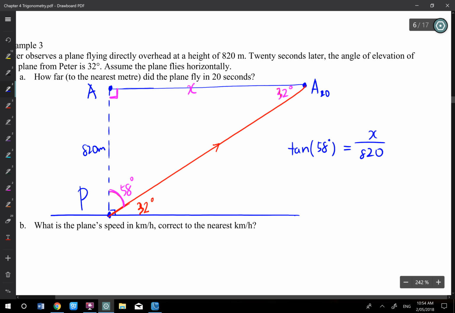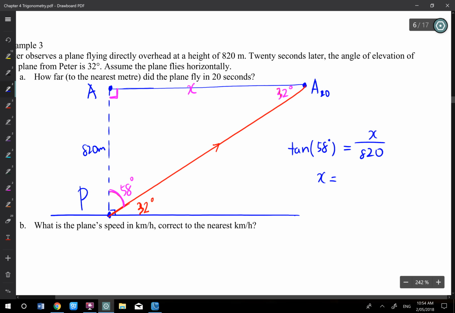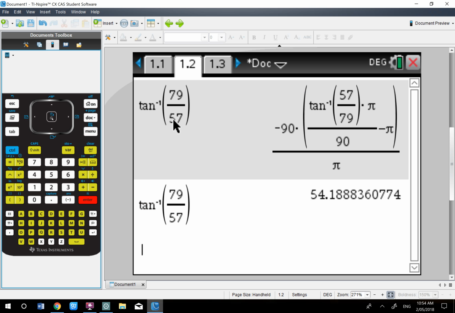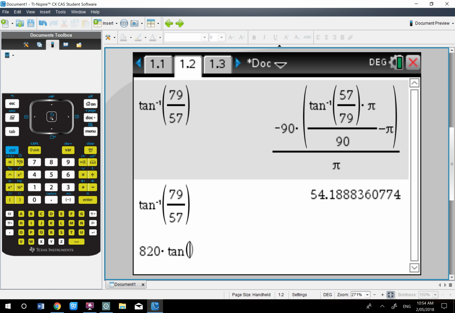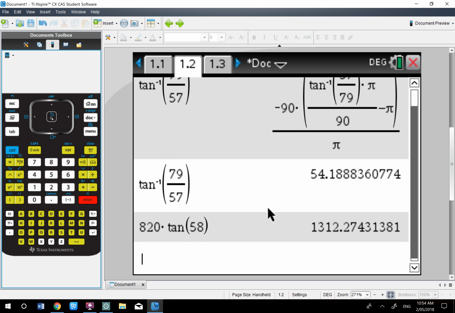So I have set up a trig ratio involving the variable I need in the equation. So x equals 820 times tan 58 degrees, because tan 58 is a number. Control enter to give me the approximation value.